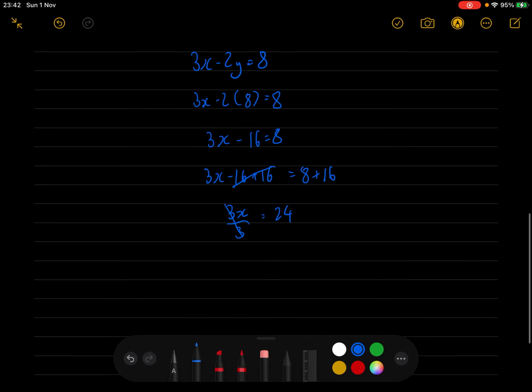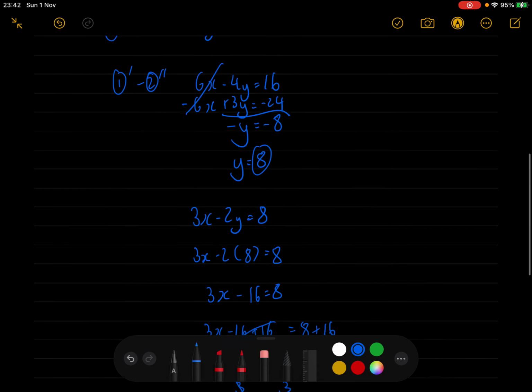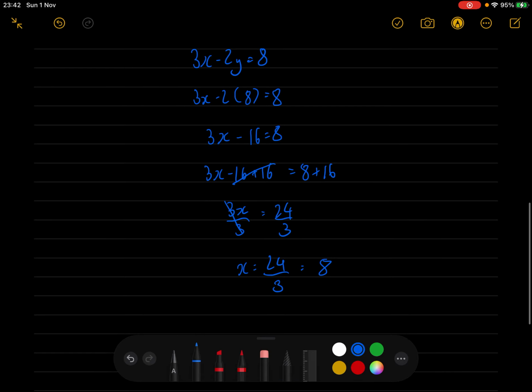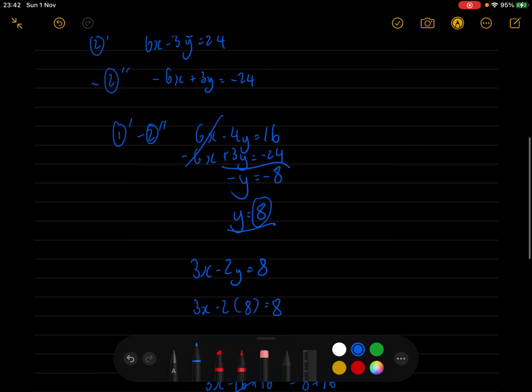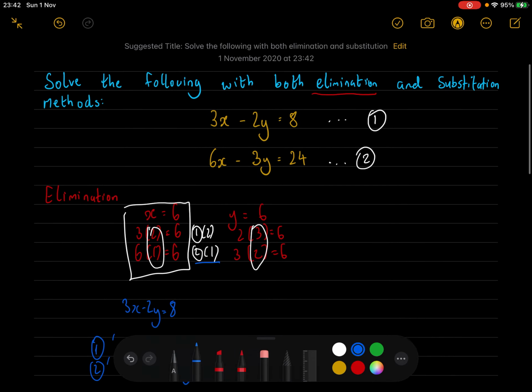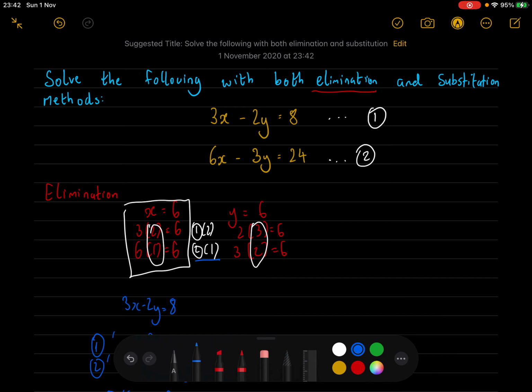We'll divide both sides by 3 to get rid of the coefficient. Hence, x is equal to 24 divided by 3, and 24 divided by 3 is equal to 8. So y is equal to 8, and x is also equal to 8. That is using the elimination method.